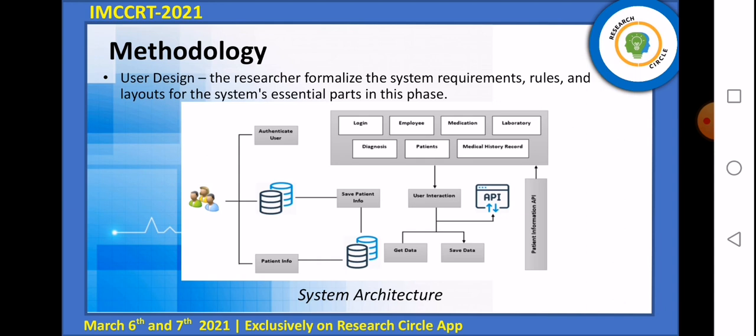So the researcher used diagrams such as the class diagram, the use case diagram, and the entity relationship diagram.